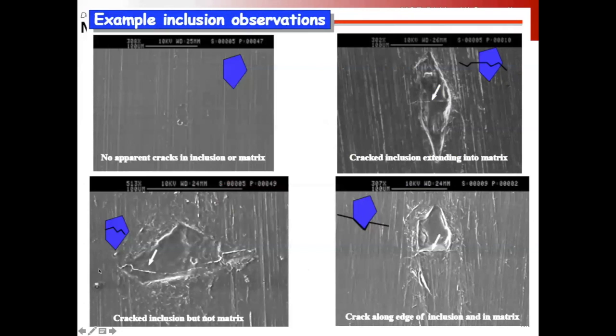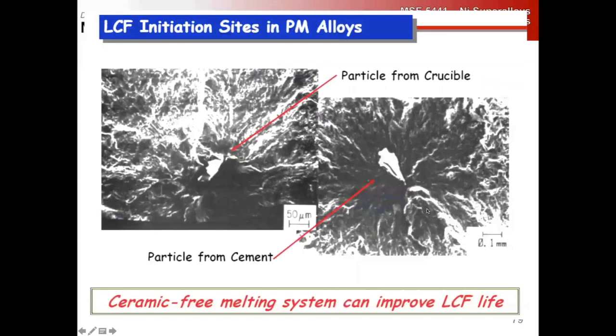Right here, we've got an inclusion that's cracked that ends completely at the matrix. Here we have an interesting case where the crack comes and then wraps around the particle and continues on. So the crack follows along the interface between the inclusion and the matrix, right?